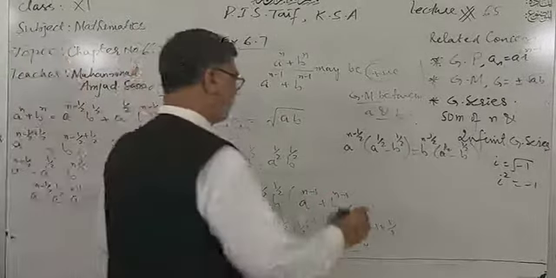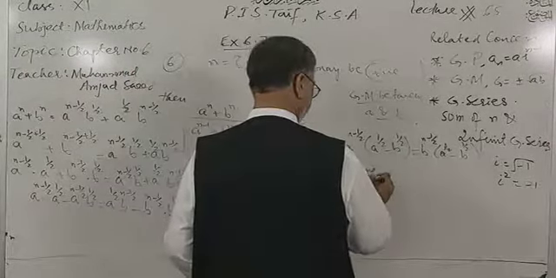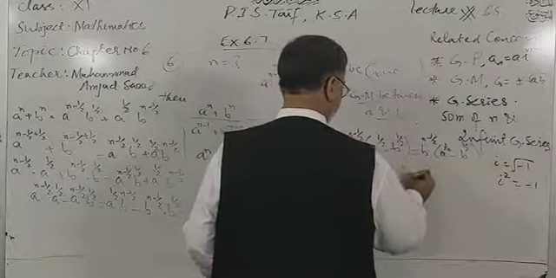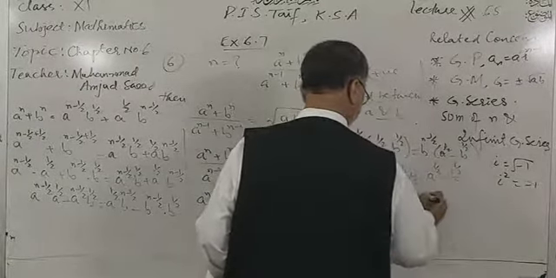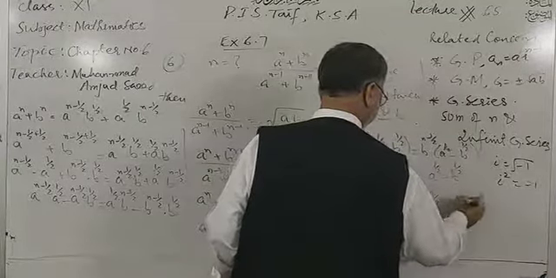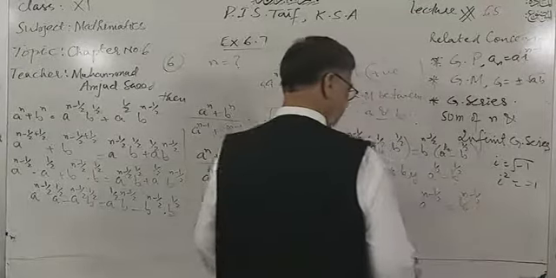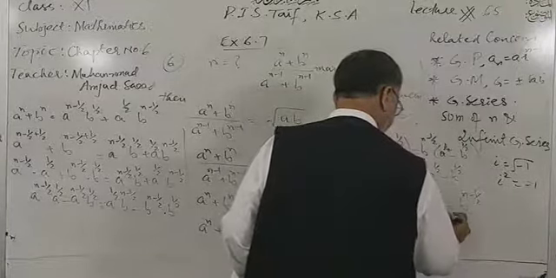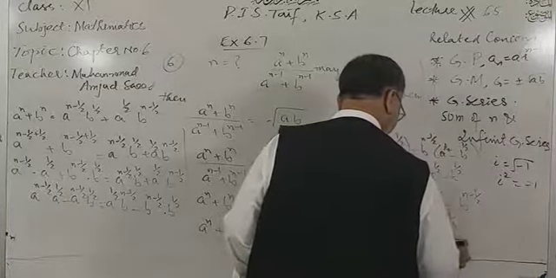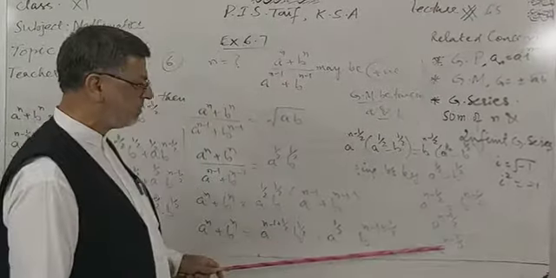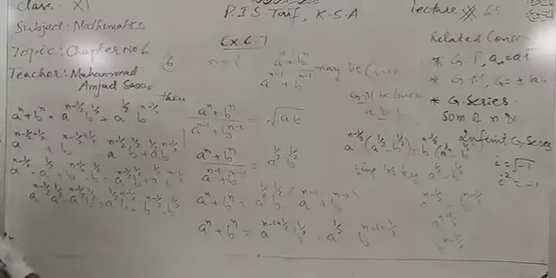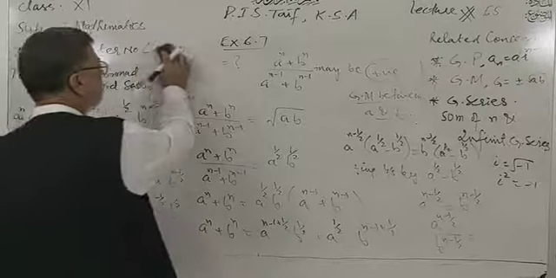Dividing both sides by (a^(1/2) - b^(1/2)), we have a^(n-1/2) = b^(n-1/2). Then a^(n-1/2) over b^(n-1/2) is equal to 1. The right hand side is shifted to the left hand side.